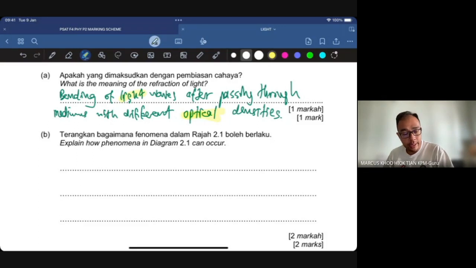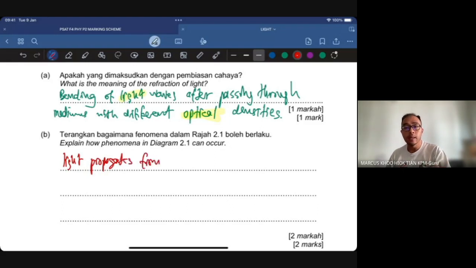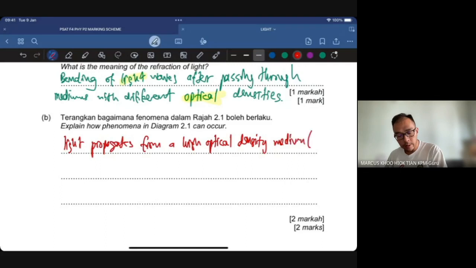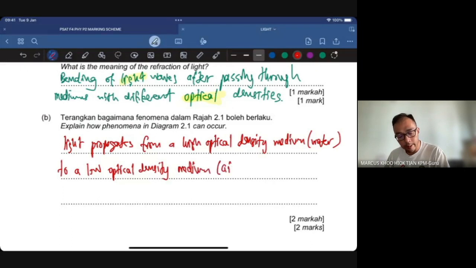Okay, so in this case, this is a 2-mark question. So the light travels, or light propagates, from a high optical density medium, which is water, to a low optical density medium, which is air.